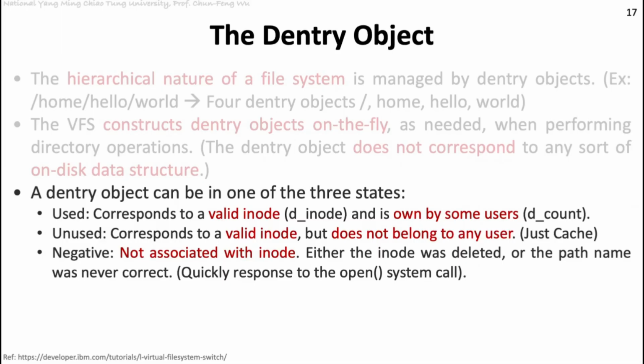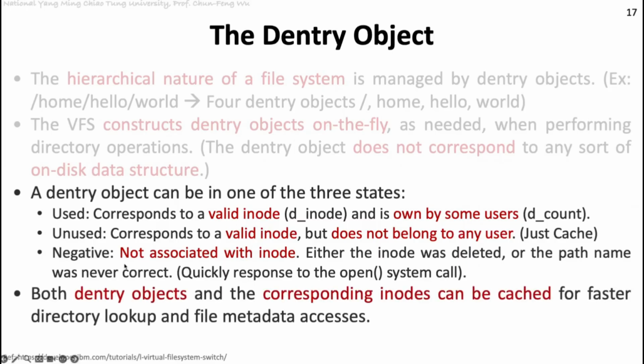As we mentioned in the prior slides, the entry is just an optimization for fast access to the file path. And for fast access to a file path, it doesn't really need to be consistent with the storage device. Okay, so this is the negative state.